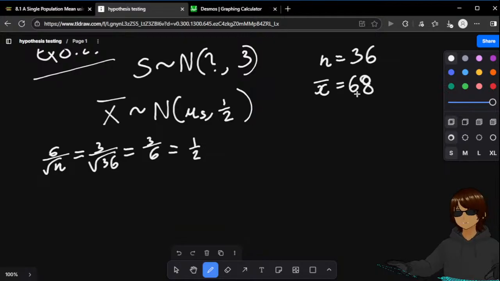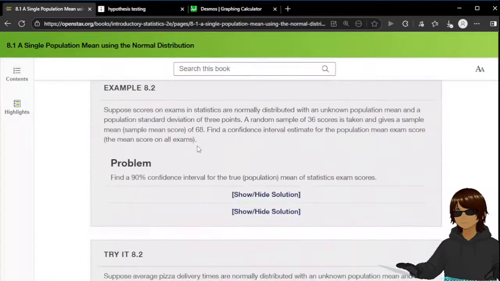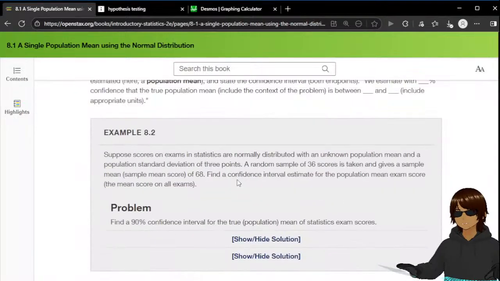We have 68. Standard deviation is half. And they're talking about 90%, 95% actually, for the population mean exam score.